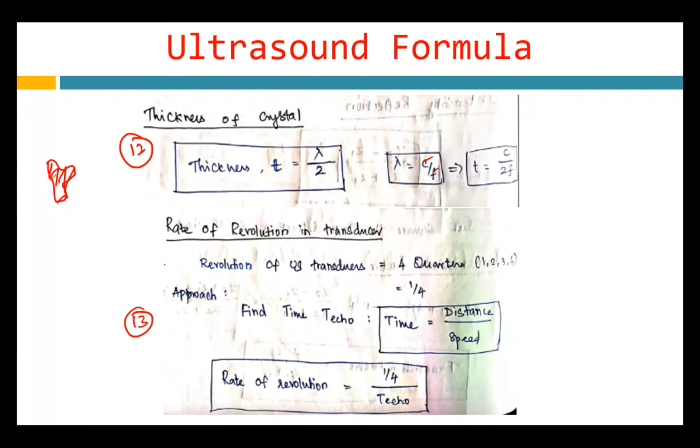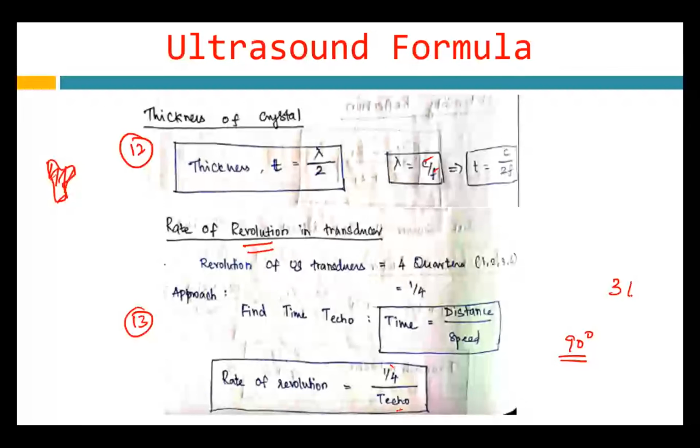And rate of revolution. Revolution means how many times we rotate this transducer and how many times we move it over the patient. Using that you can find the revolution. It's nothing but 1/4 divided by time, how much time it requires. Why 1/4? You keep the ultrasound at 90 degrees. Always you take ultrasound imaging by placing the transducer at 90 degrees.